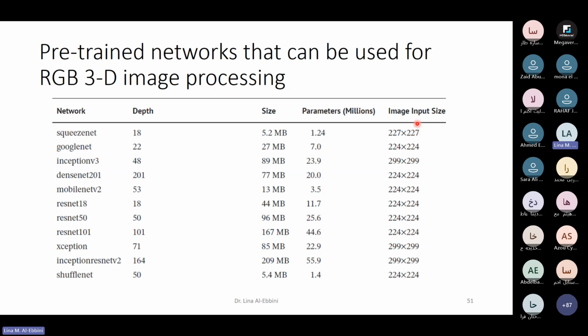And the image input size: based on it, you can update or modify your data to be applicable for each network. For example, ResNet, as a network, has been trained on various images related to, for example, neurons and brain.